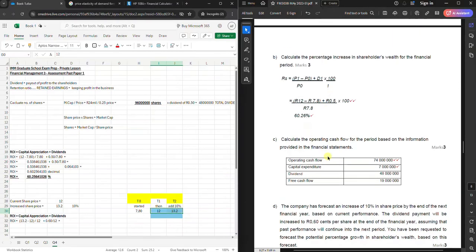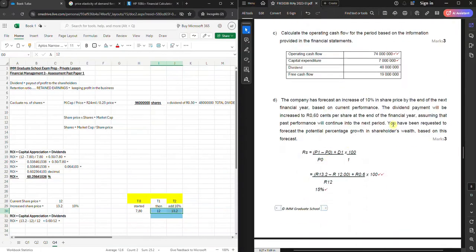Here they asked you about the forecast for the next period, so you only use the previous year. If they said from the beginning, you would use a T0 amount, so it'd be 13.2 minus 7.8. End of the next year based on the current performance. This is where we're currently at.